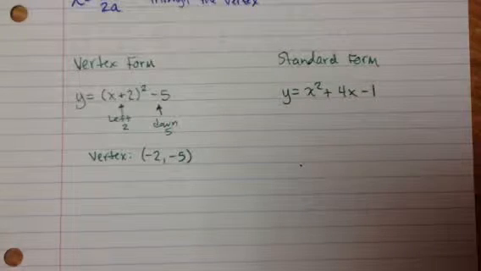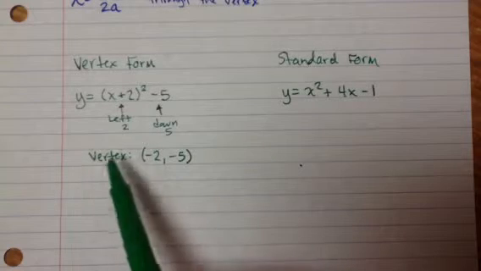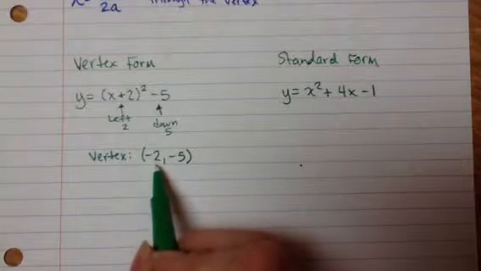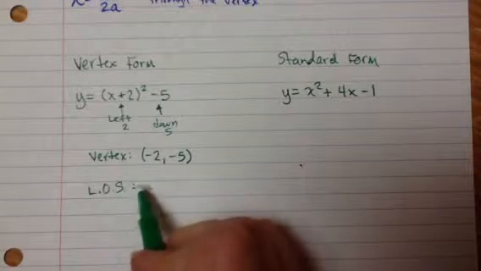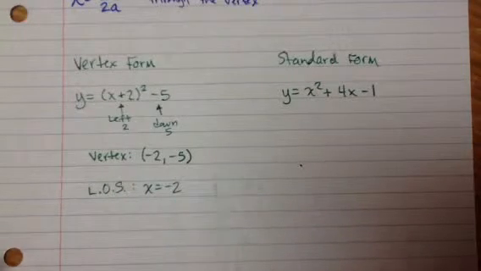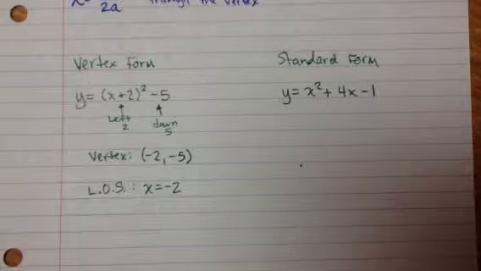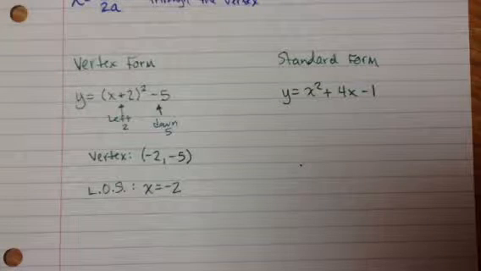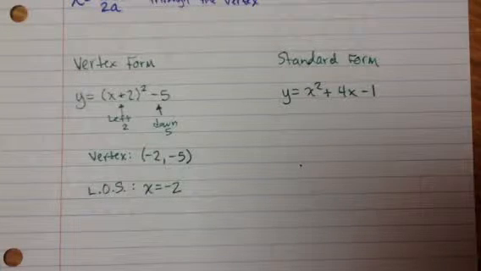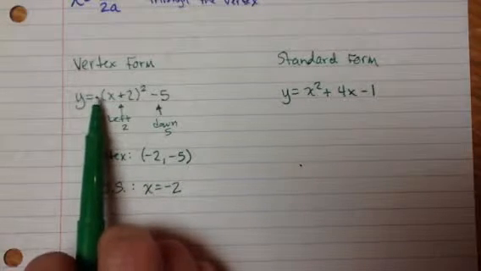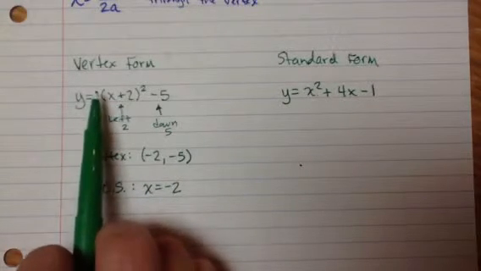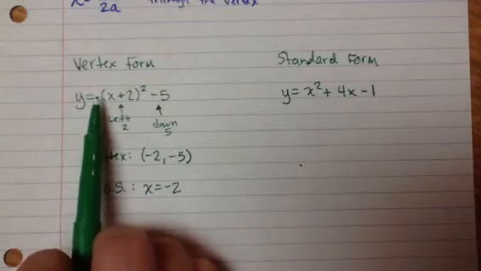Now, since we just talked about line of symmetry, we know that this parabola is going to have a line of symmetry that goes through the x-coordinate. So we can write the equation for the line of symmetry. That will be x equals -2. Now let's talk about the stretches or reflections that this parabola has. Remember that stretches or compressions and reflections would be the coefficient right here.